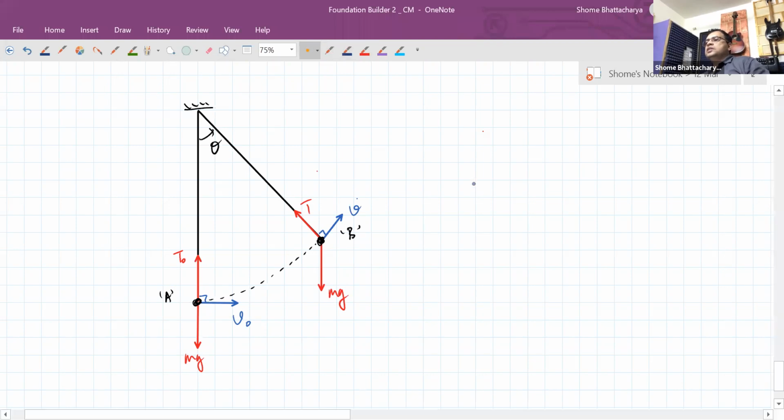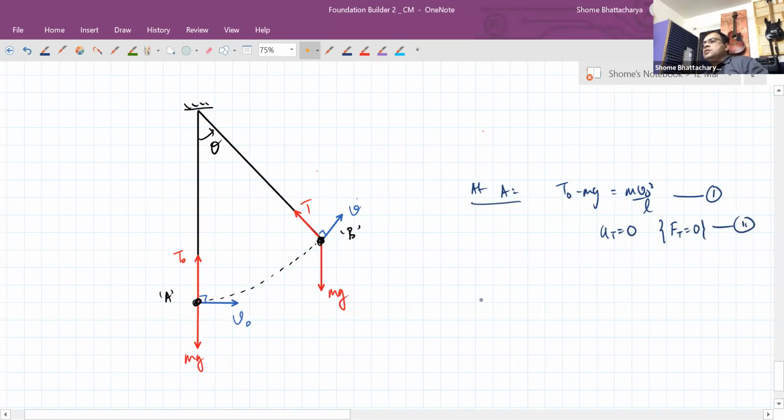So first of all, we had seen that at the point A, we have T naught minus mg is equal to mv naught square by L. Okay, and we had tangential acceleration equal to 0 because tangential force itself was 0.